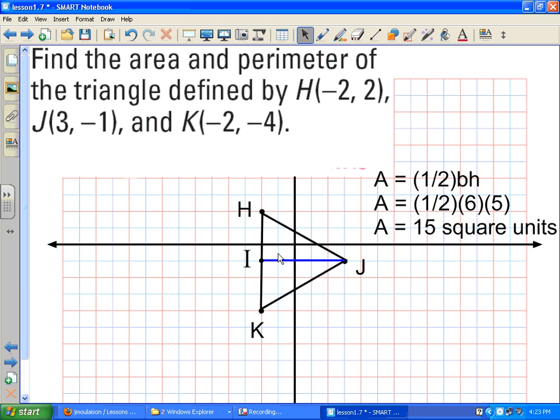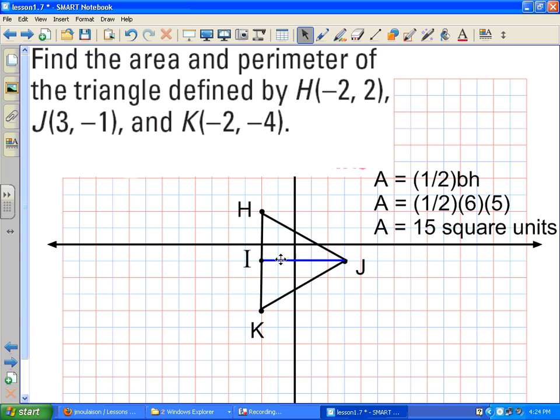So for the area, once I have the points sketched, if I consider this segment HK to be the length of the base, I can actually count the units to determine that length since they lie along the same vertical line, points H and K. So my base would be 6 units based on that distance. If that is the base of the triangle, then the height would be the distance from this vertex J down to that base.